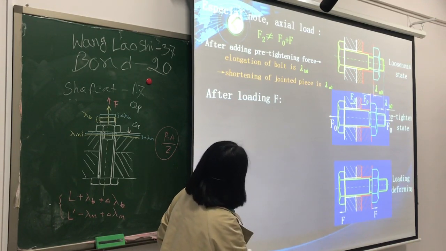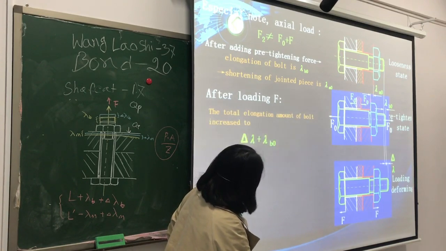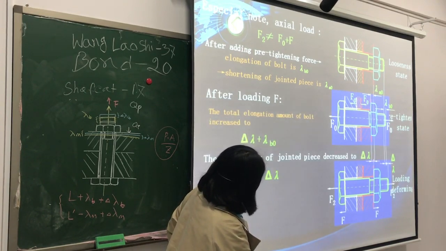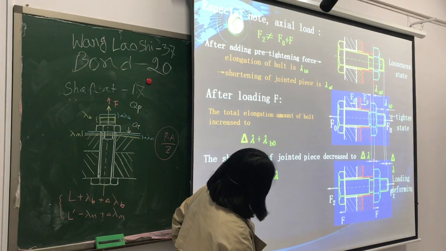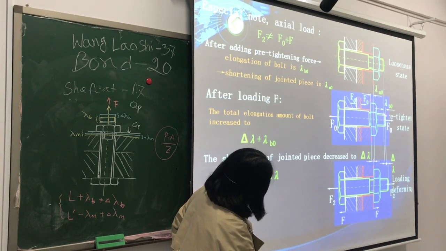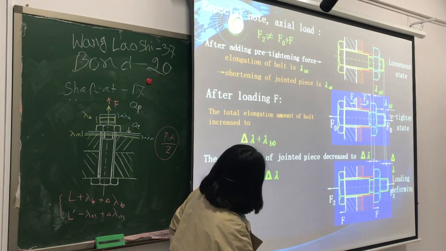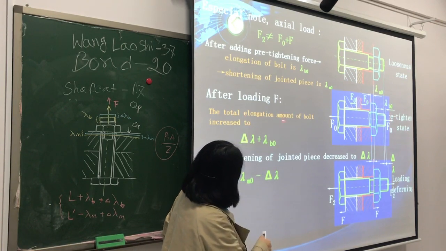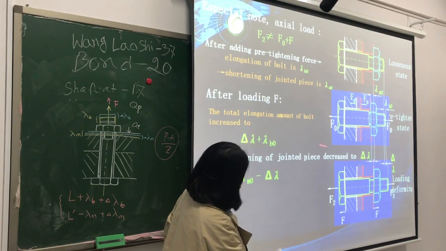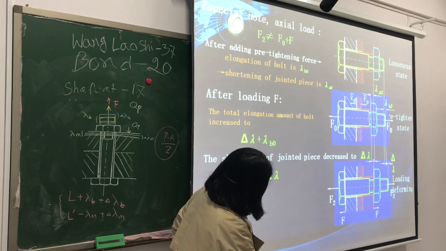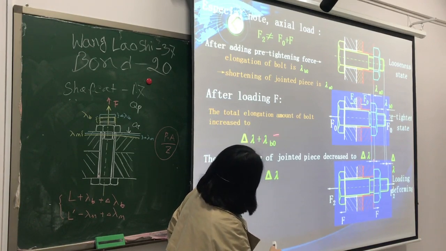And after loading F, there is a further deflection, and the total elongation of bolt is delta lambda plus lambda b0.